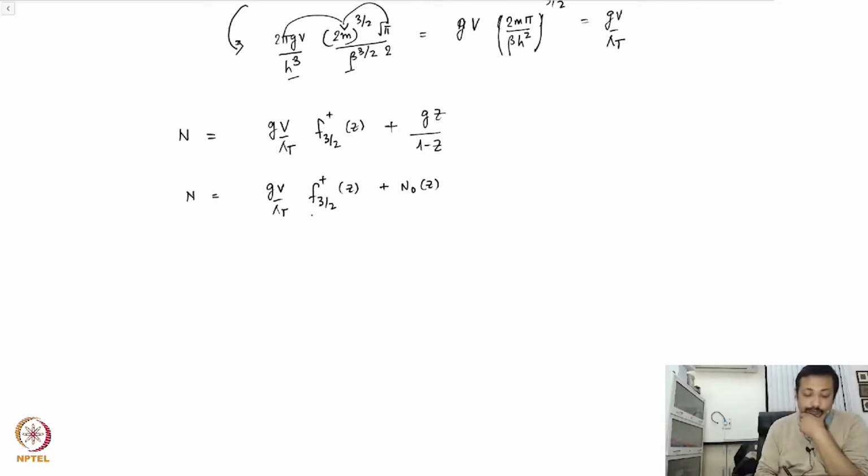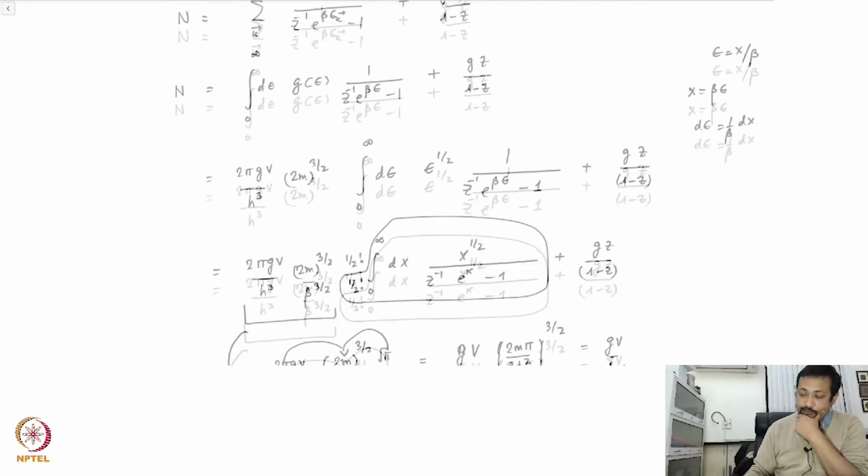But if we look at this function f_m^eta(z), which was 1 over (m minus 1) factorial, integral from 0 to infinity dx x to the power m minus 1, over z inverse e to the power x minus eta.